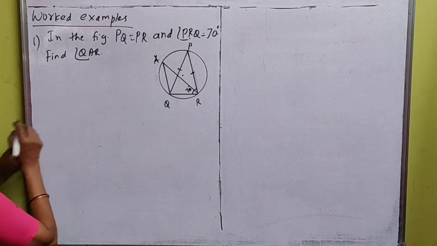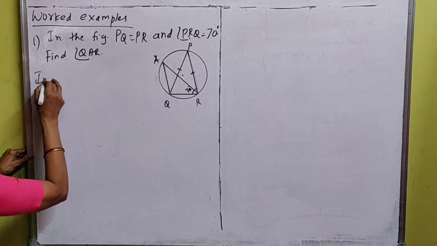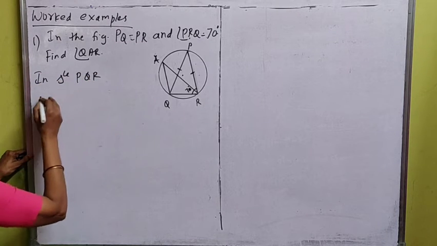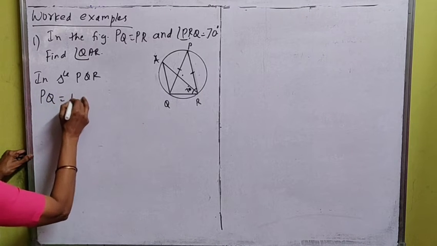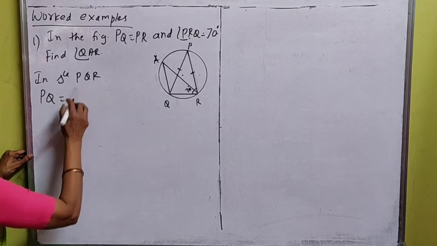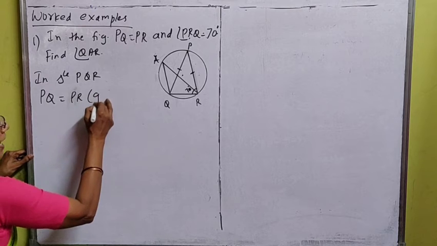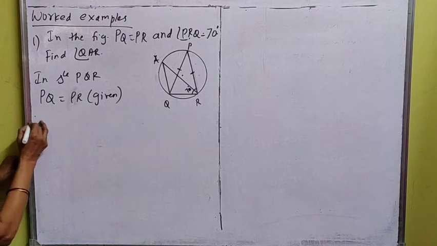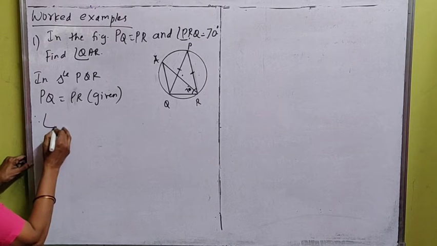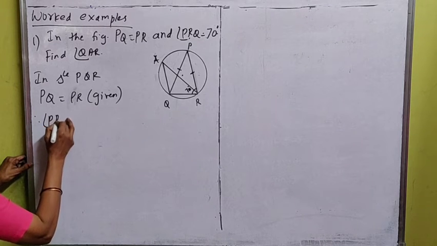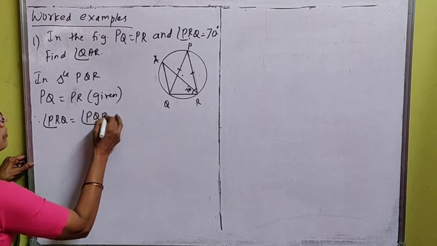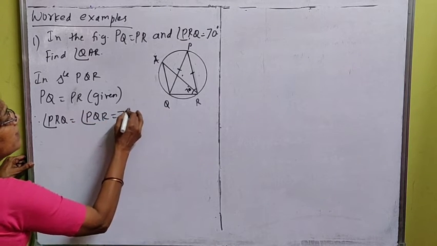So, what are we going to write down? In triangle PQR, what is given to us? PQ is equal to PR, as given in the sum. Therefore, angle PRQ is equal to angle PQR is equal to 70 degrees.